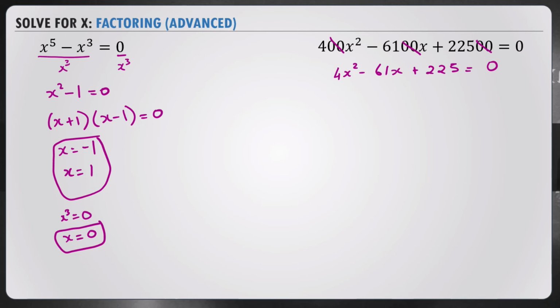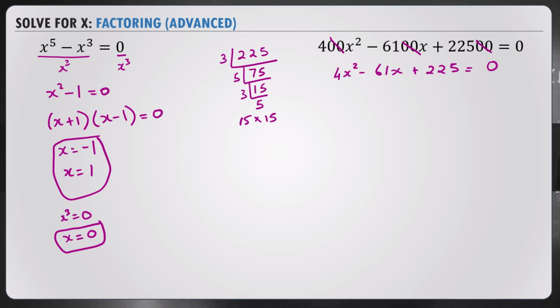Okay, in such a case, we have to get factors of 225 and 4 and work this out. The factors of 225 are 3, 5, 3, 5. So basically, 225 is also equal to 15 times 15. Just keep that in mind.